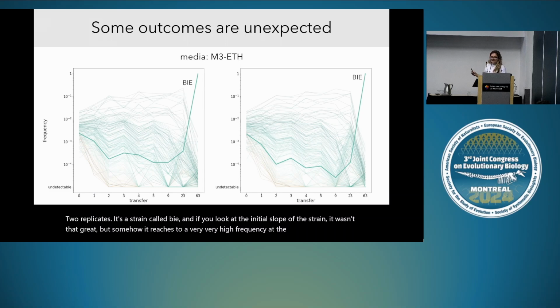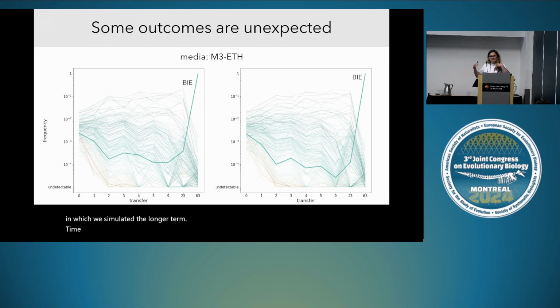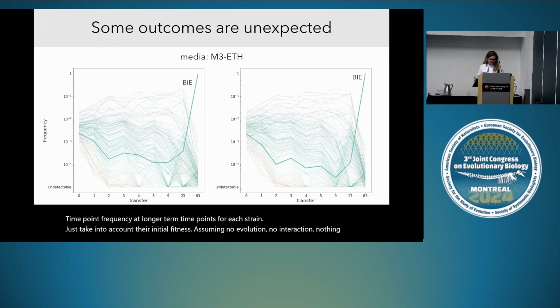And in order to get a sense of whether that is actually as surprising as it looks by eye, we ran a simulation in which we simulated the frequency at longer-term time points for each strain, just taking into account their initial fitness, assuming no evolution, no interaction, nothing interesting that could potentially happen.